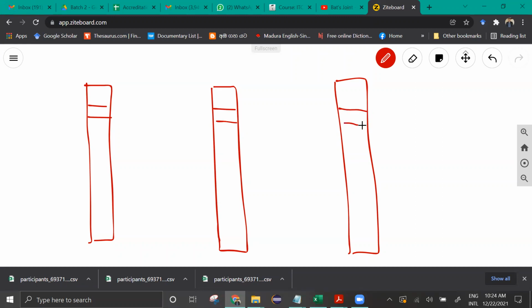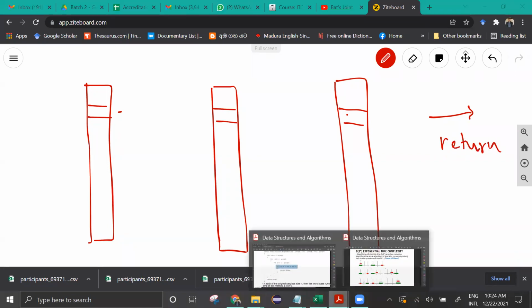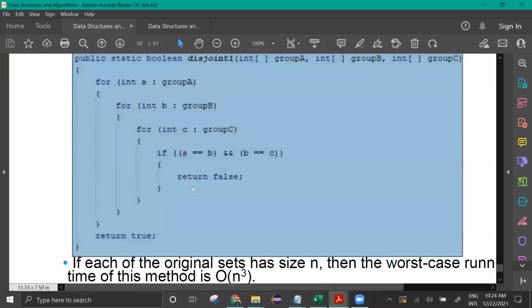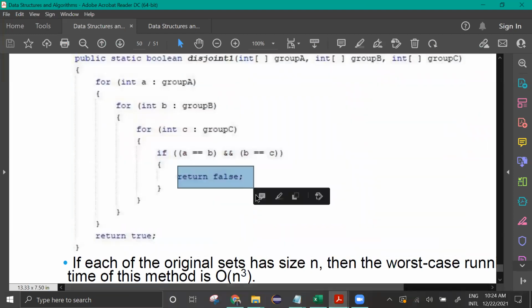If these 3 values are equal, we return, we stop. So see the return statement. So the return false statement is there.